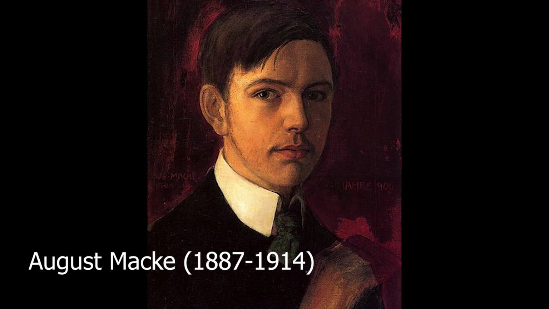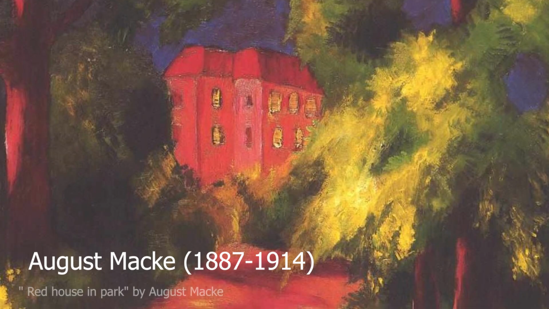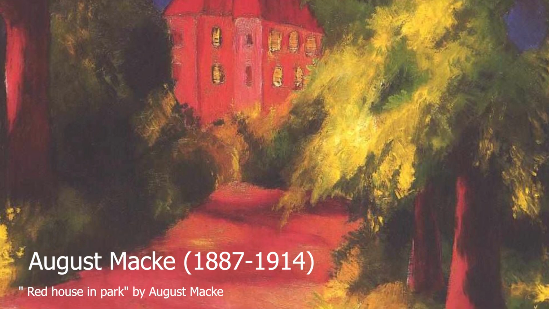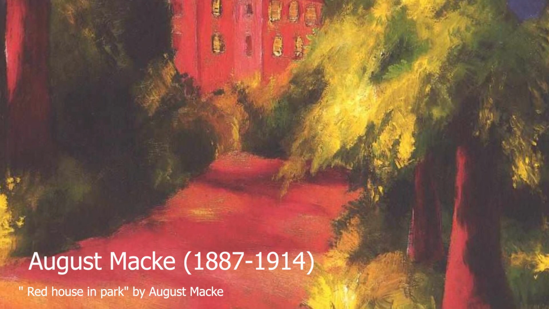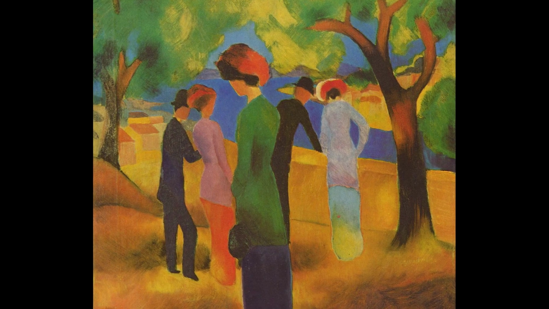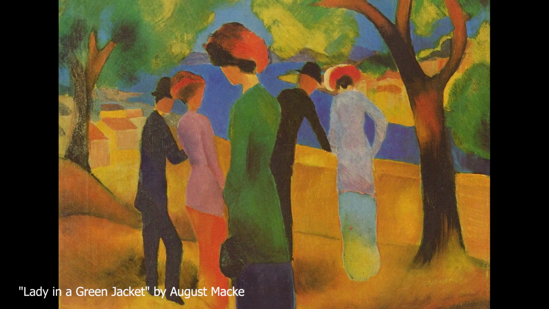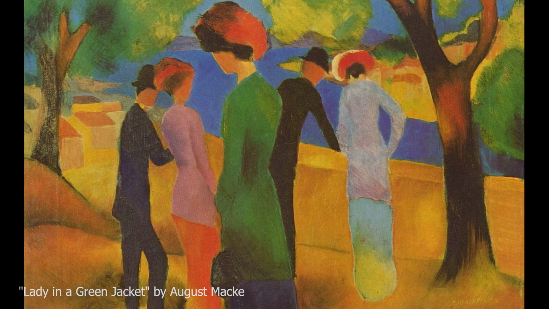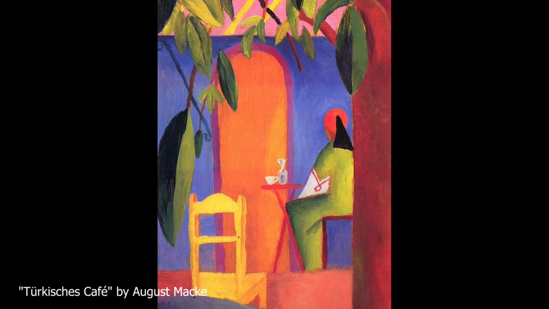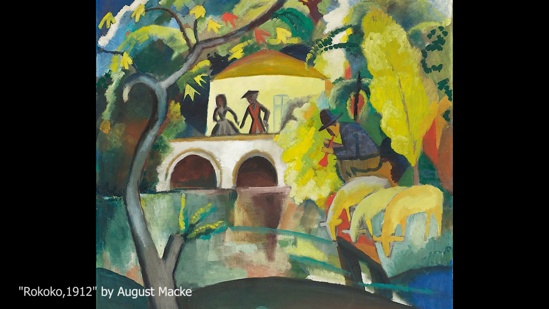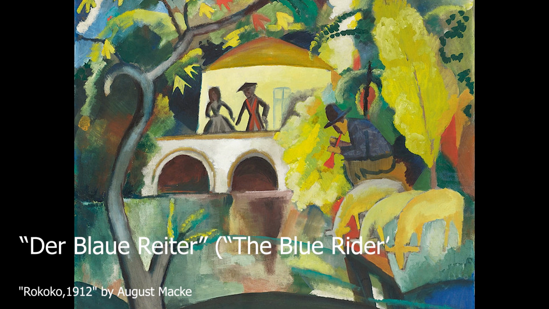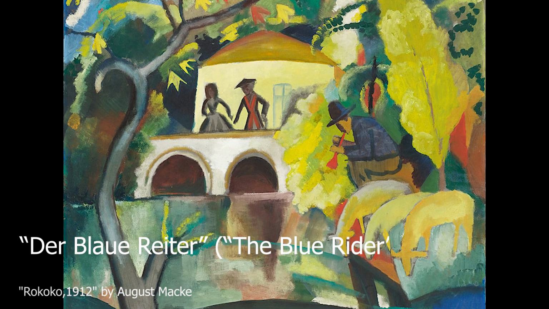August Macke. I think I pronounced his last name correctly. Macke was also a German painter and also a good friend of Kandinsky and Franz Marc. Macke was the leader of Der Blaue Reiter, the Blue Rider, an influential group of Expressionist artists.